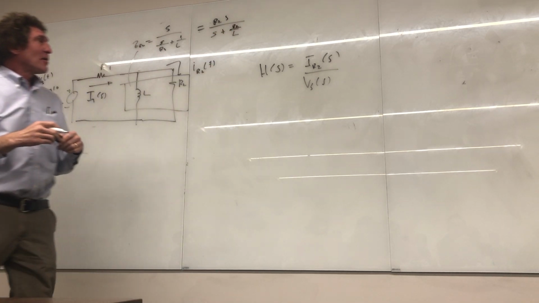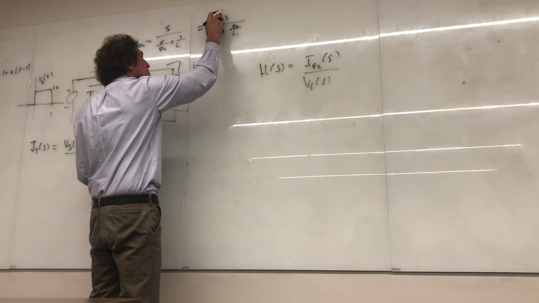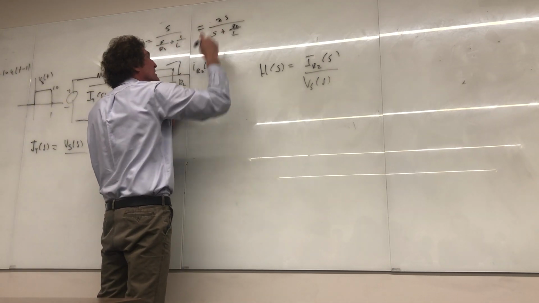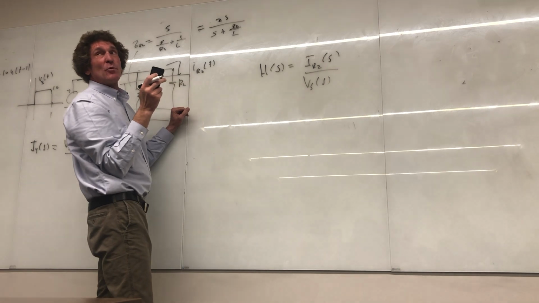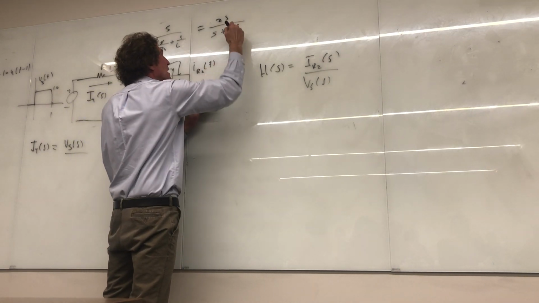Now, if you want to put values in, what are the values? R2 is 2, and L is 1/3. So if this is 2, I'll just put it in. That's the number I can deal with. And L was 1/3? Yes. So it's 6? Okay, that's fine.